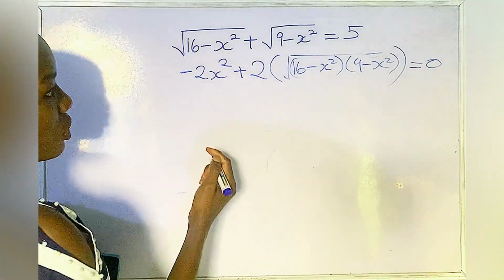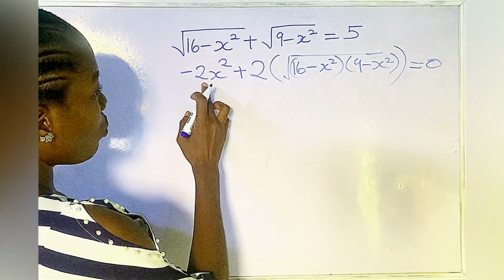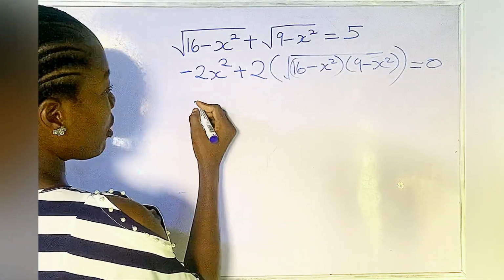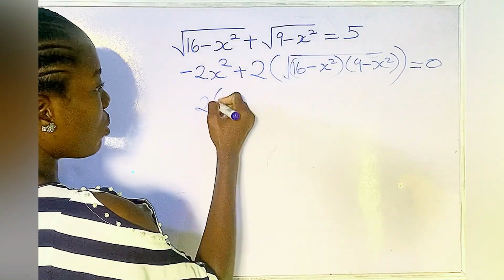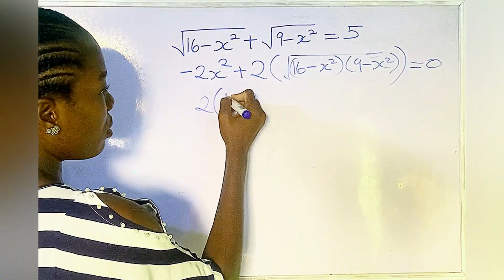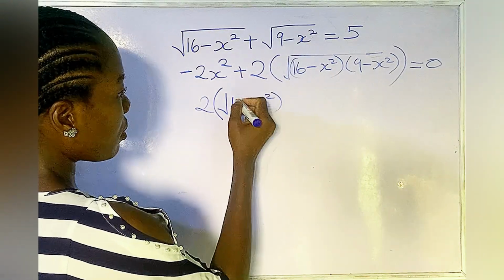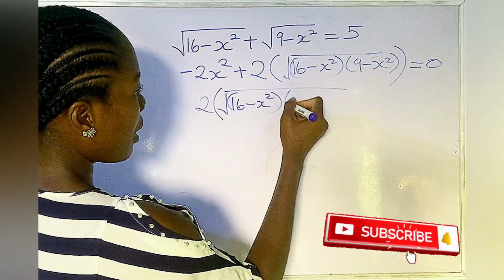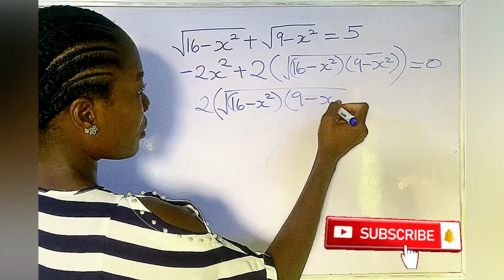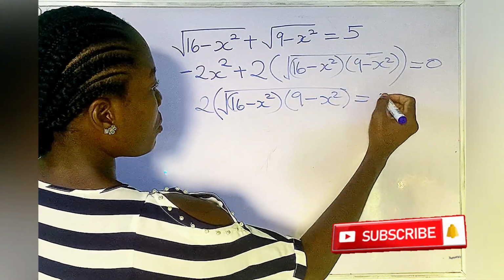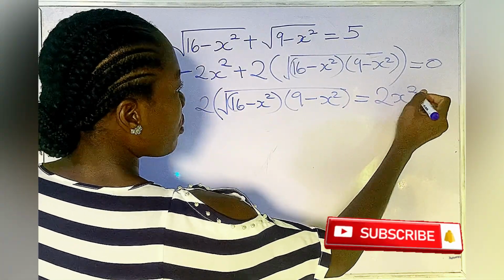So let's solve. This can move to the other side, so that becomes 2 open bracket root of (16 minus x squared)(9 minus x squared) is equal to 2x squared.